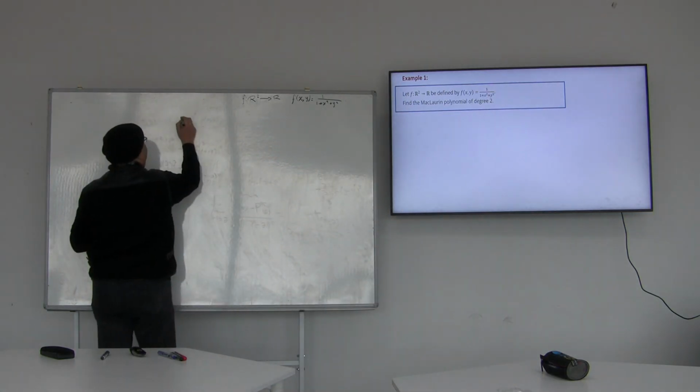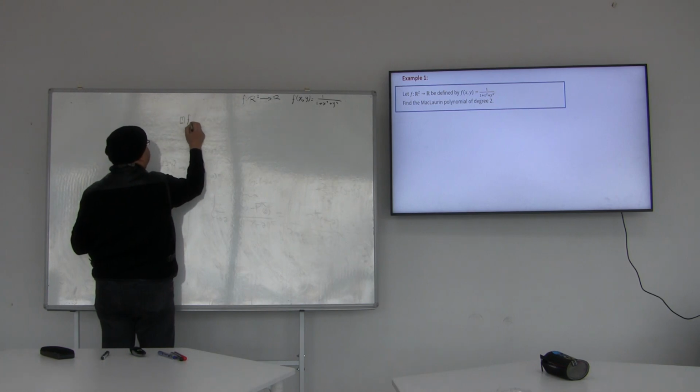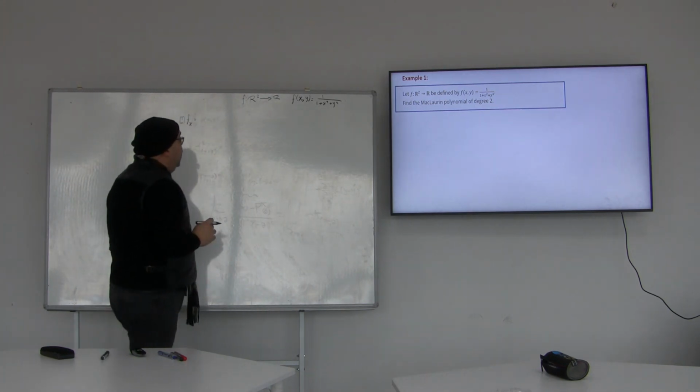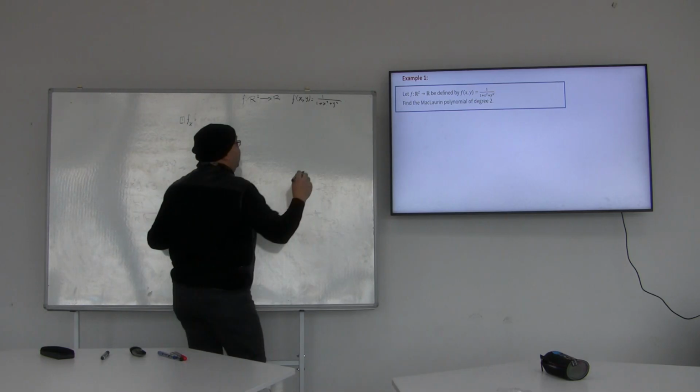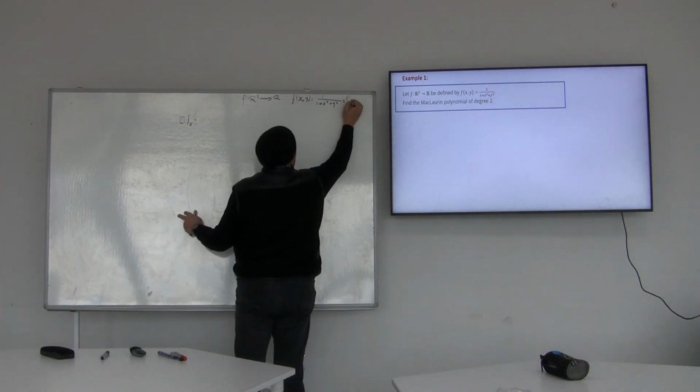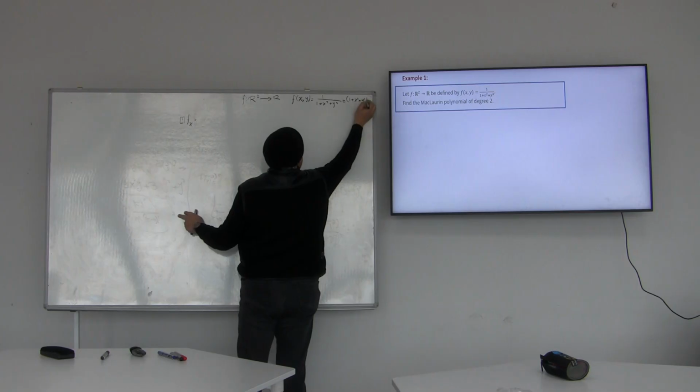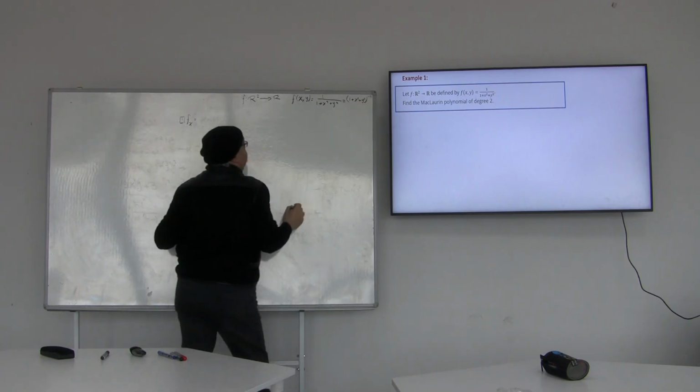First of all, I will have to get f sub x. In this case, I have 1 divided by 1 plus x squared plus y squared. I can rewrite it in this form, 1 plus x squared plus y squared to the power of negative 1.